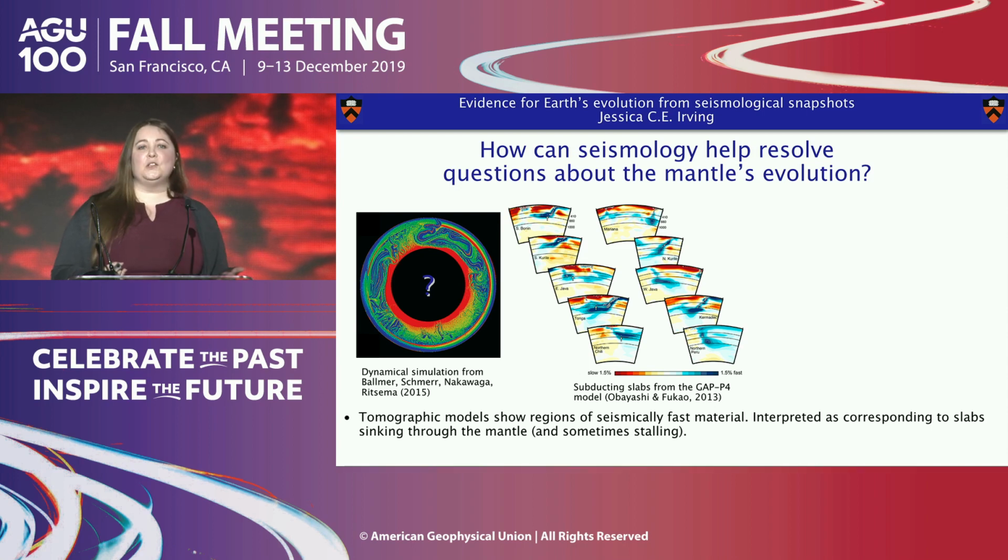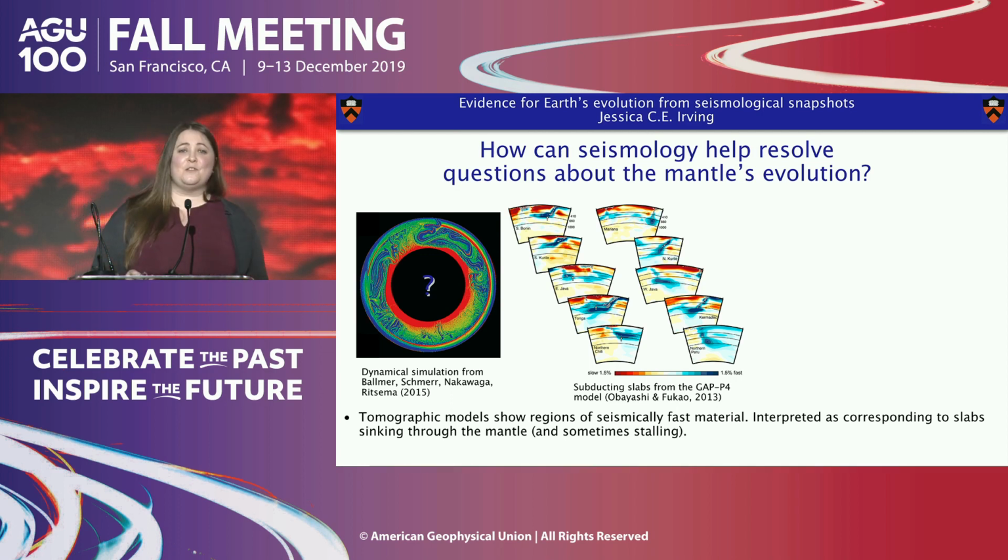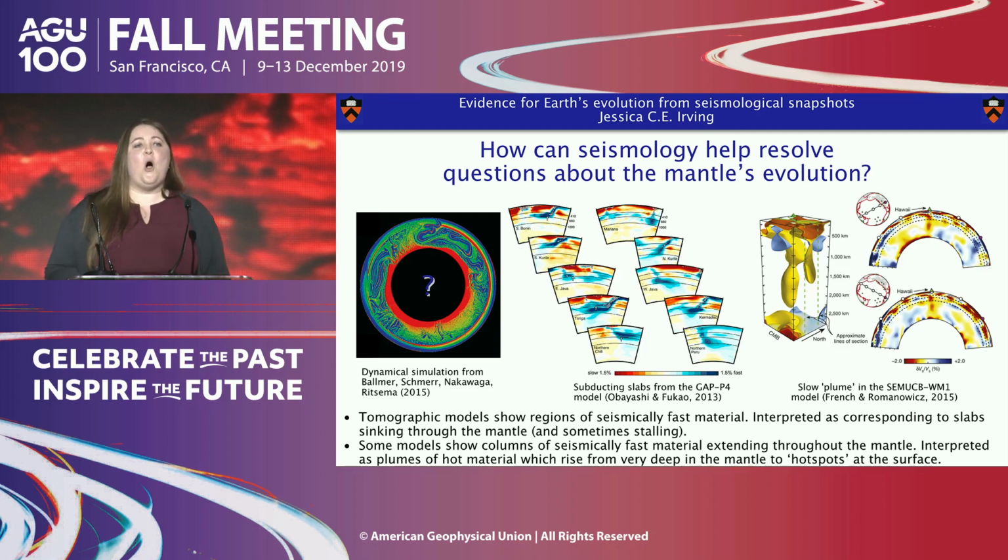Seismologists can make models of where waves travel more quickly and where waves travel more slowly. In the case of the models I'm showing you here, you can track subducting slabs, the remnants of plate tectonics, as those slabs descend through the mantle, sometimes going all the way to the bottom of the mantle, but sometimes stalling in the mid-mantle. We can also look at seismic models which show hot material rising from deep in the Earth.